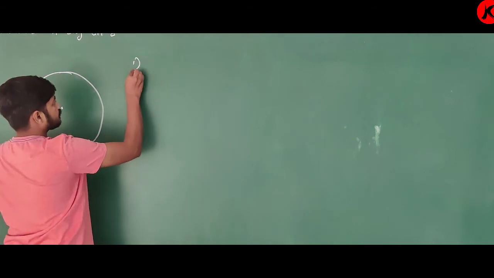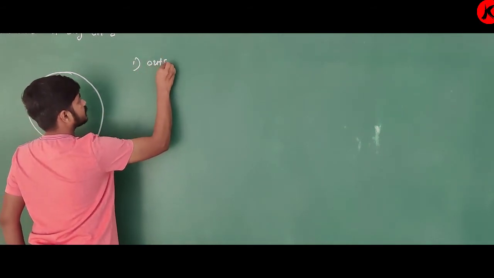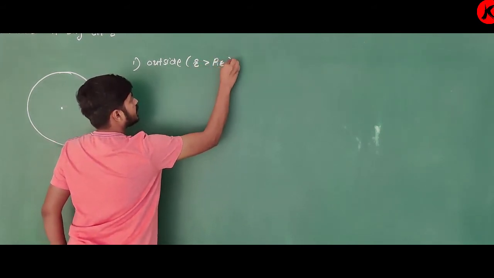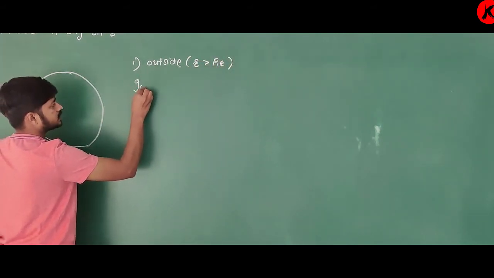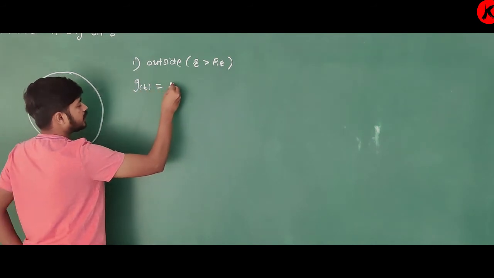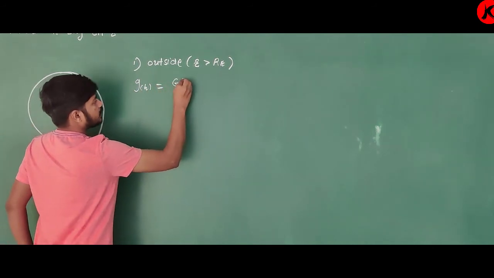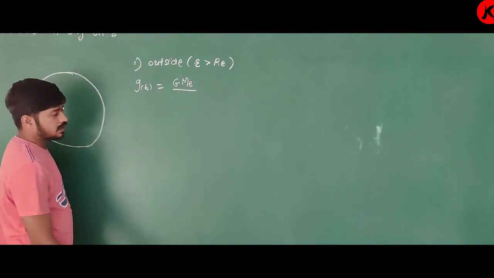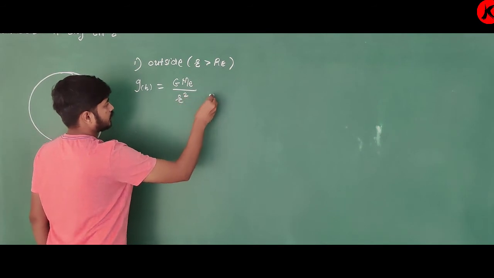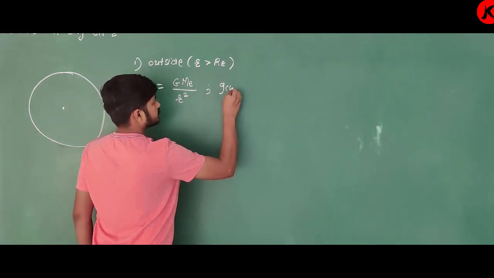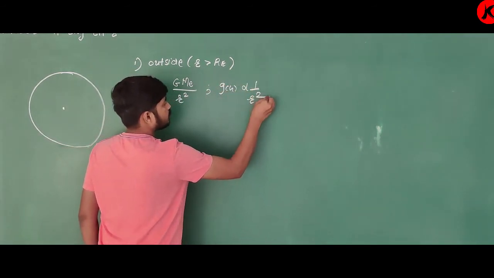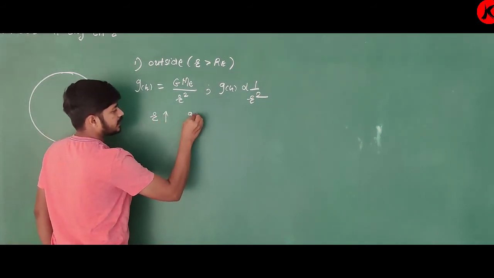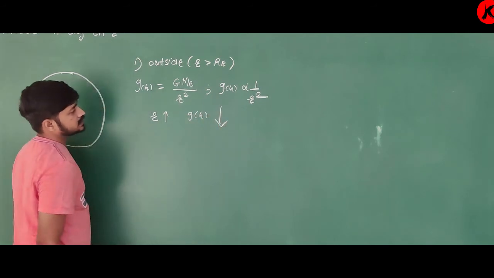First, if the point is outside, meaning r is greater than RE, then what is the equation of acceleration? It is GH = GME/r². So we know that GH is proportional to 1/r². Meaning as distance increases, gravitational acceleration decreases.